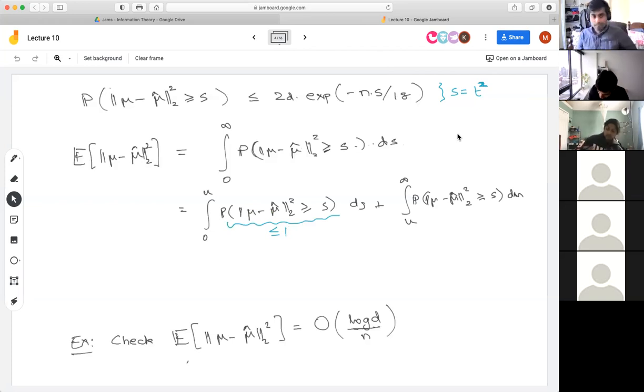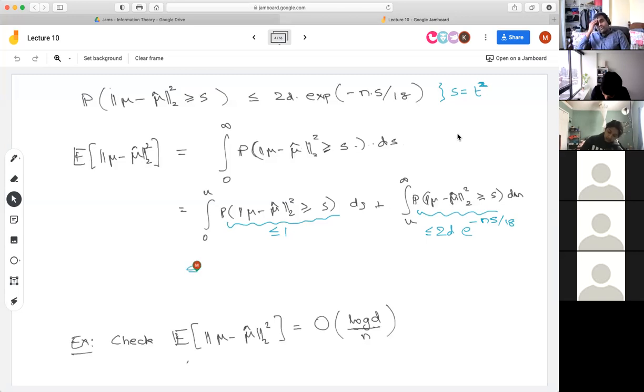And here we will use our tail bound that this is less than or equal to 2d times e to the minus n times s divided by 18, but I know that s is at least u, so I'm upper bounding it accordingly. With these, I can just get an upper bound on these integrals.